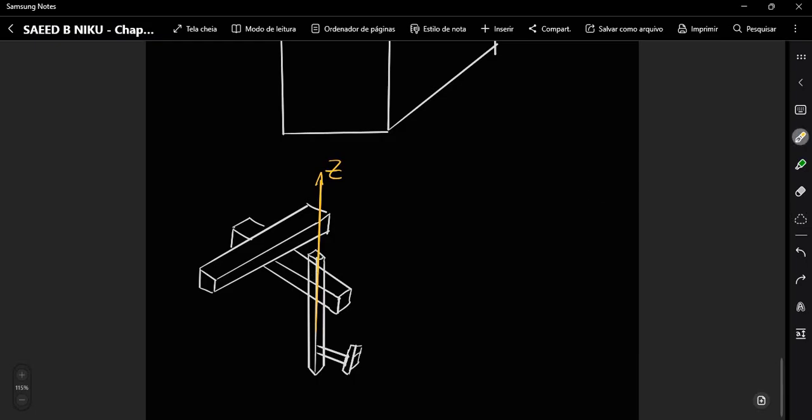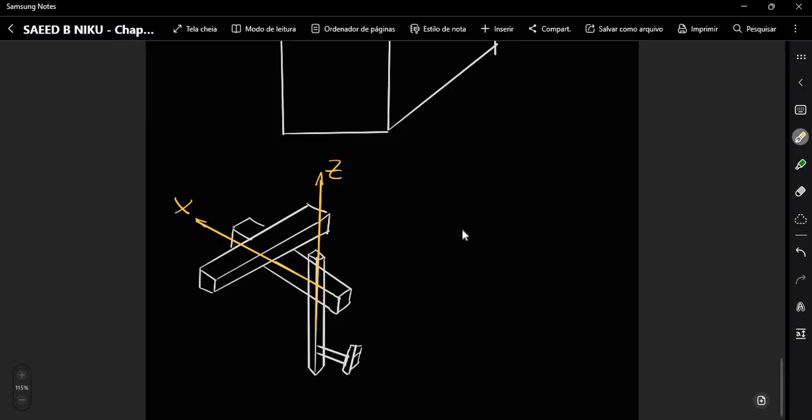Let's say it reaches this point, and when it is on this point, it performs another transformation on the x-axis.